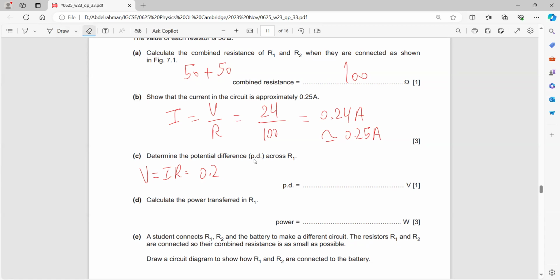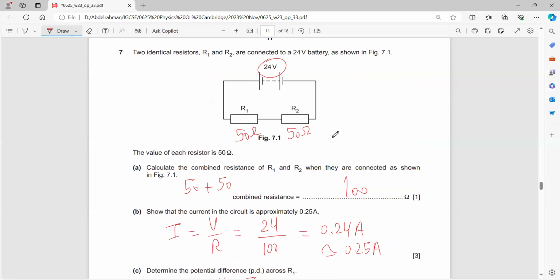If I use 0.24 times a resistance of 50, what will the potential difference be? It would be 12, which is half the total voltage. So it is definitely 12 in this question. And I'll tell you how to make sure you are right.